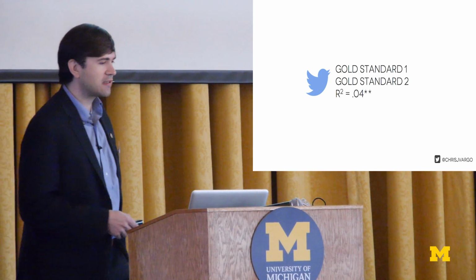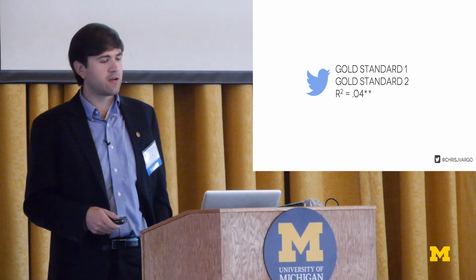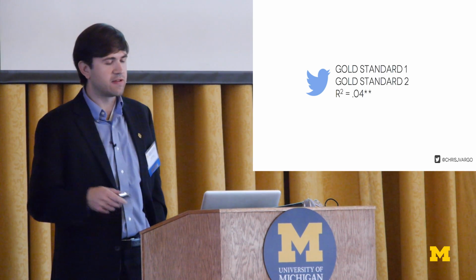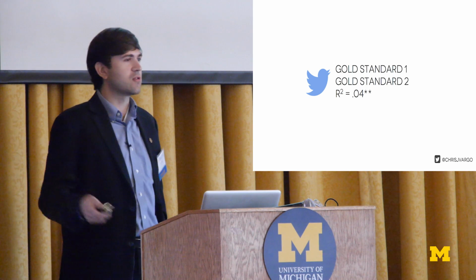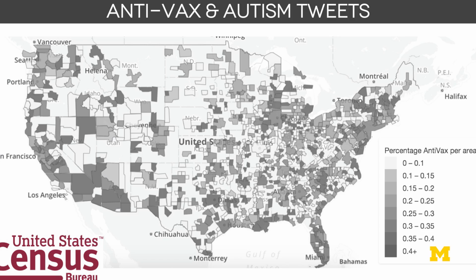But maybe let's just say, for the sake of argument, that the gold standard data is actually more unbiased, or in some way more empirical. So we'll continue on and take a look.